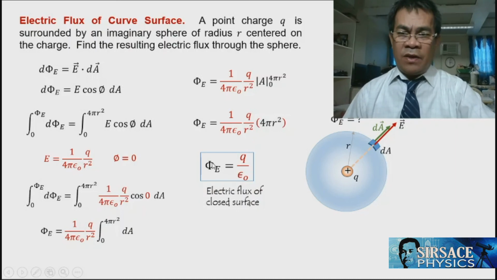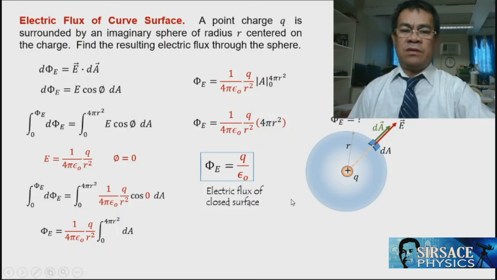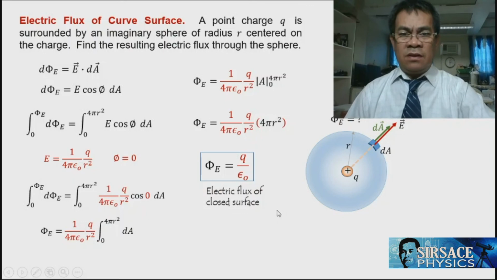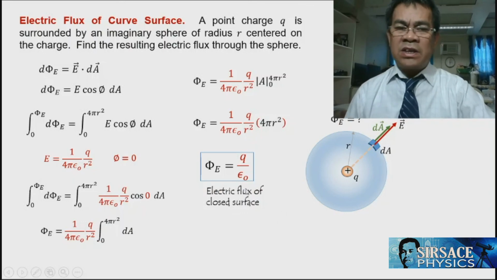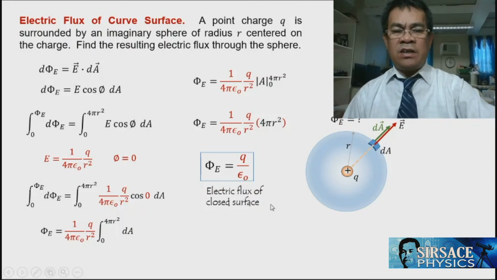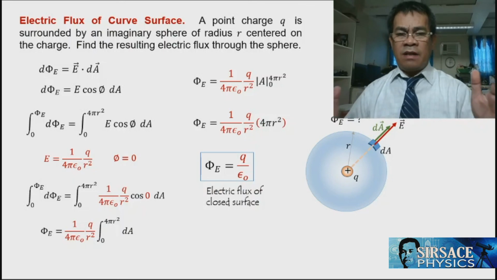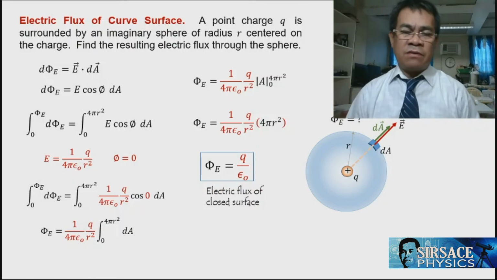Again, if you are asked to calculate how much the flux is, it is simply the charge over the permittivity, where the permittivity is again 8.854 times 10 raised to negative 12, with the unit coulomb squared per newton meter squared. So these are the application problems for calculating the flux of a plane surface and a curved surface.